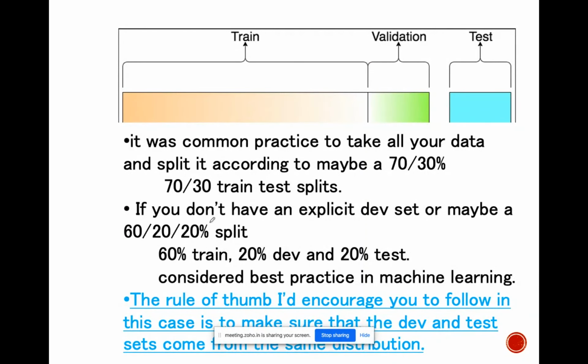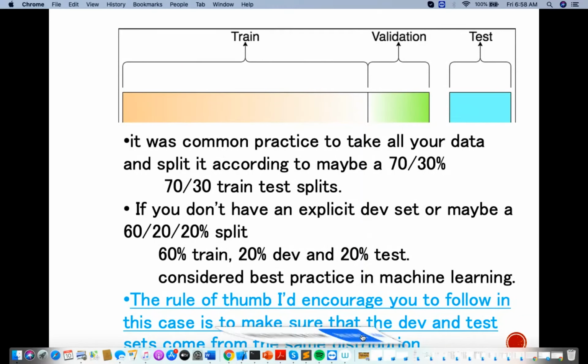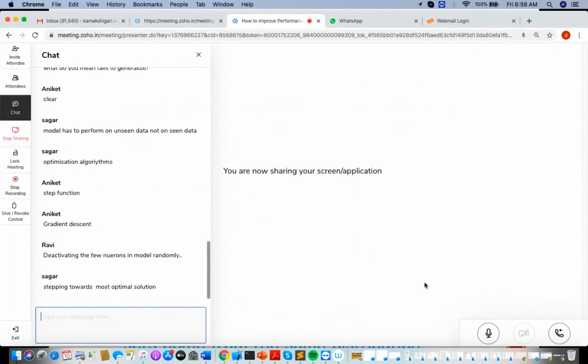Now you see. Deactivate a few neurons in the model randomly. Learning rate. Ravi, it's not that way. Not at all.